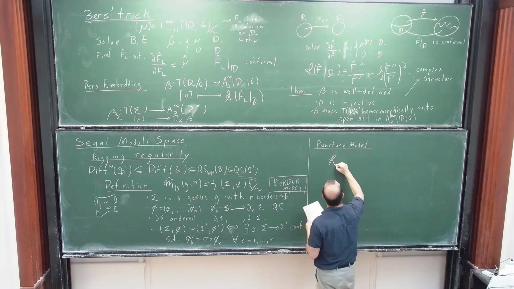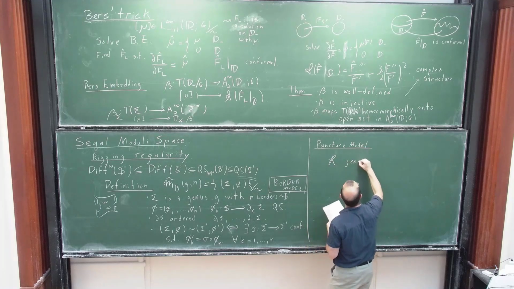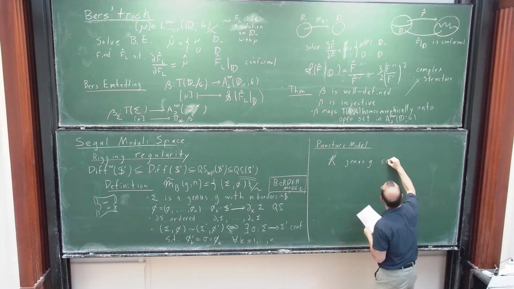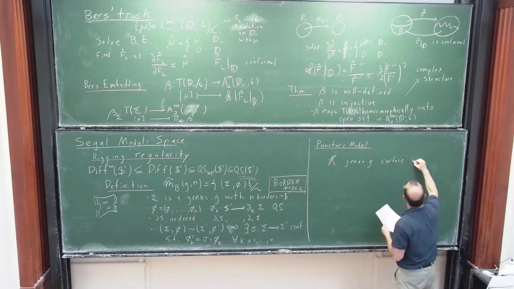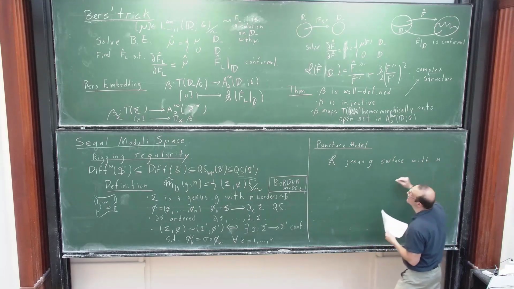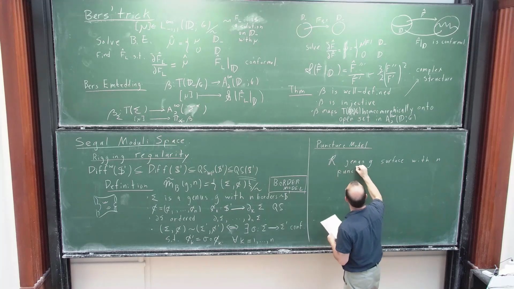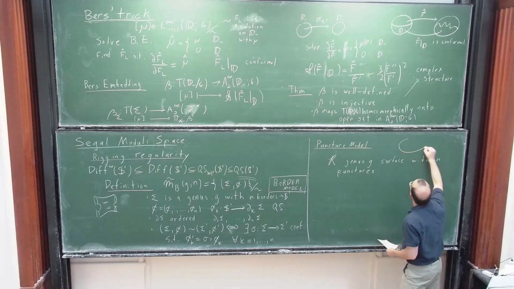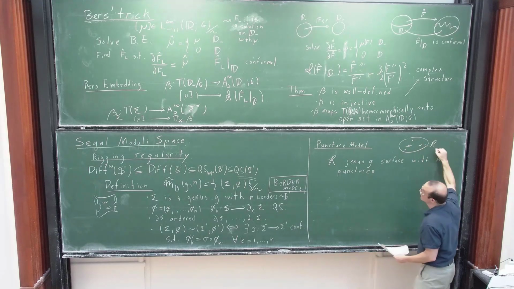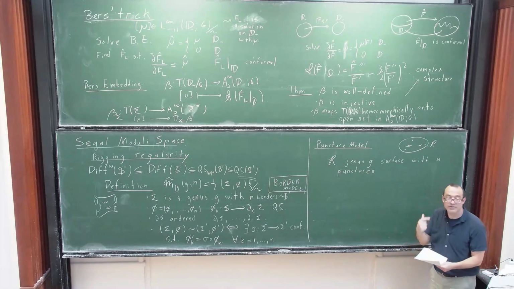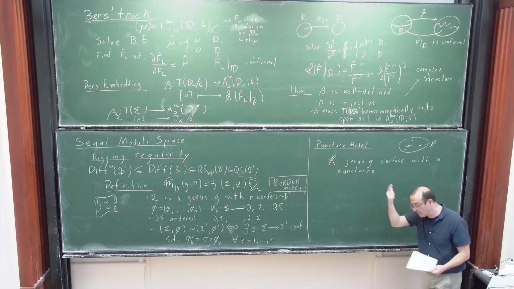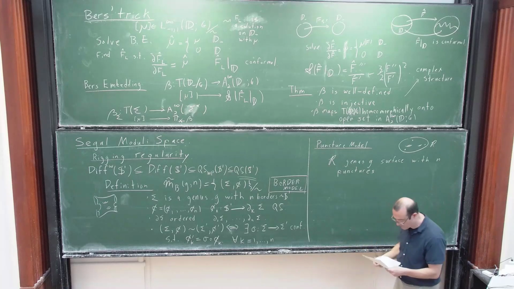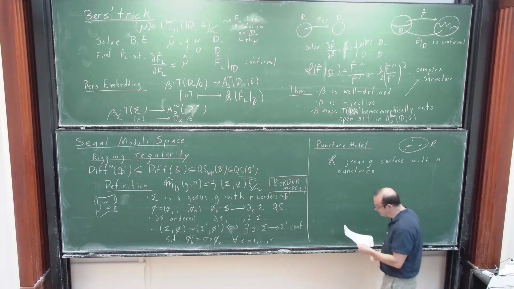So now instead we take R as a genus g surface with n punctures. I'll try to keep my letters consistent: if it's bordered, I'm going to use sigma, and if it's punctured with no borders, I'm going to use R. The punctures, you can also think of as marked points, because quasi-conformal maps and conformal maps always extend, so it doesn't really matter what you call them.